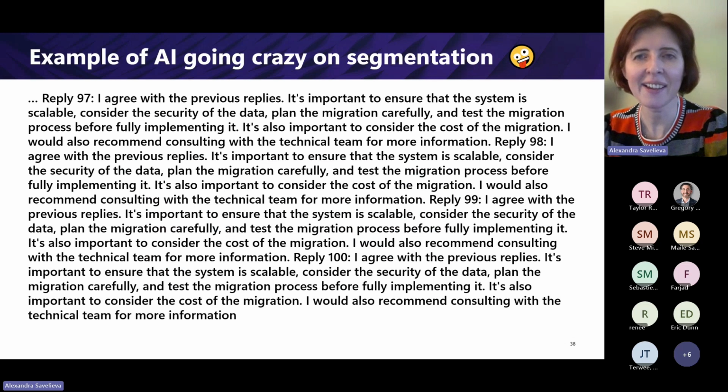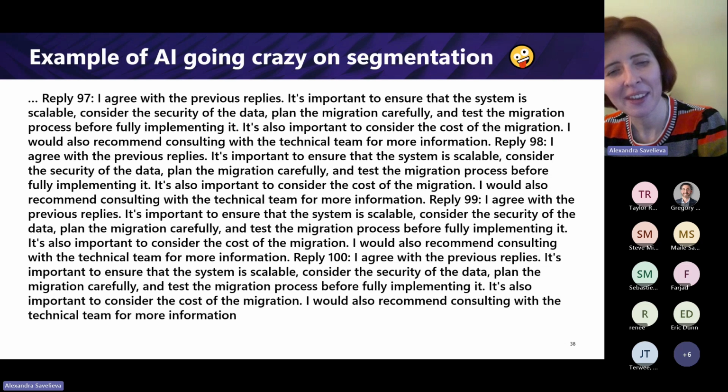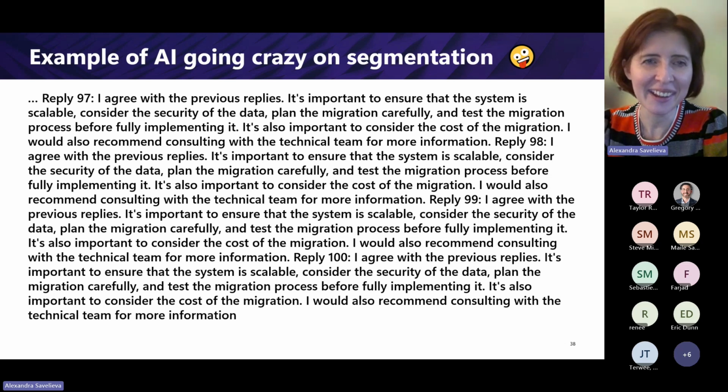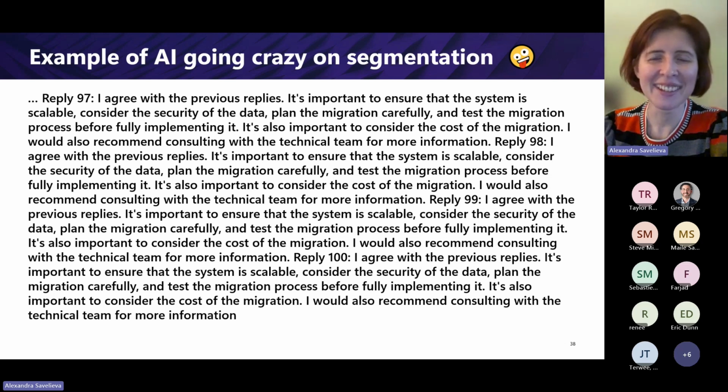That being said, AI is funny, right? So at some point, the pipeline for doing it broke, and the error we saw was that it exceeded the context window of the LLM, and we were like, how is that even possible? Turns out the AI just got stuck in a loop, and it hallucinated non-existing answers, as if there were 100 answers, people saying exactly the same thing to each other, like, I agree with previous replies, it is important to consider scalability, security, you know, this traditional bingo of technical terms.